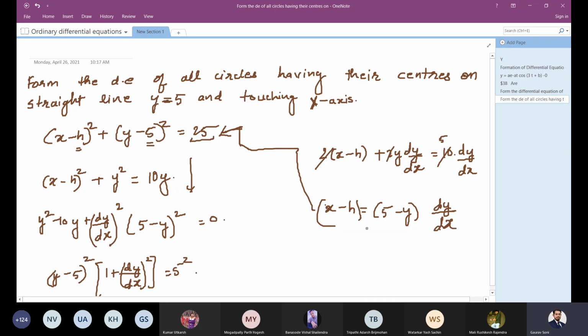Should I solve it here? Anyway, so 5 minus y whole square dy by dx whole square plus y minus 5 whole square is equal to 25, or simply 5 square.